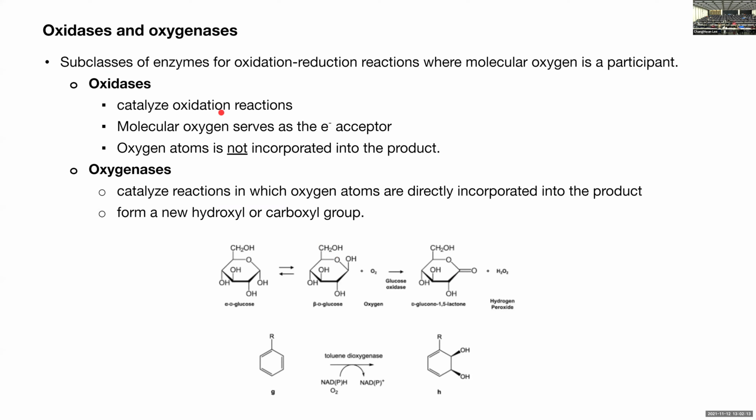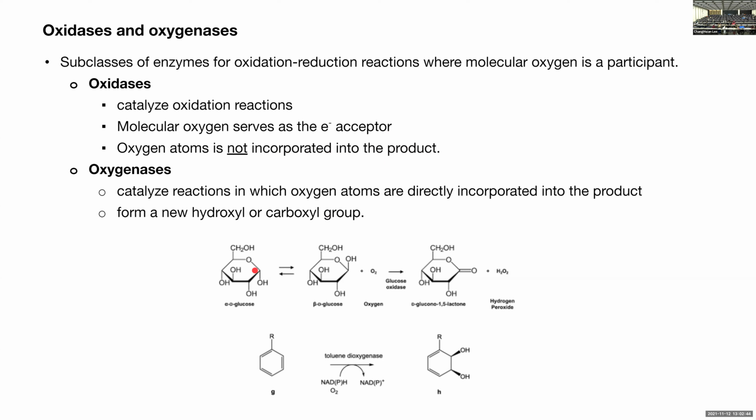And I believe this is the last slide. There are two subclasses of enzymes that are involved in oxidation-reduction reactions, where molecular oxygen works as a participant. The first one is oxidases, which catalyze oxidation reactions, but the molecular oxygen serves as an electron acceptor, and it is not involved in the actual process here.